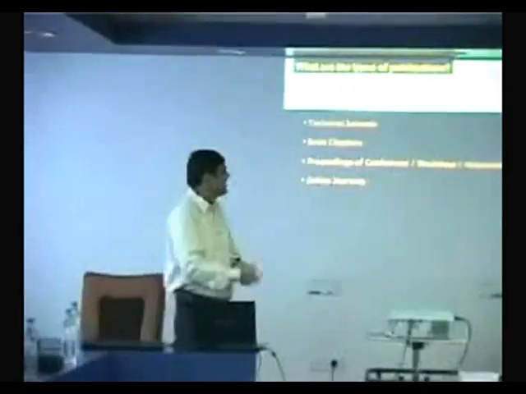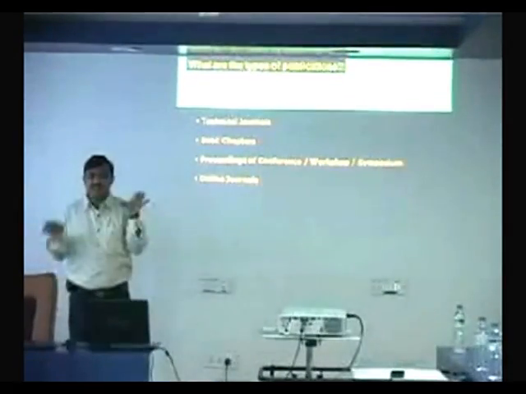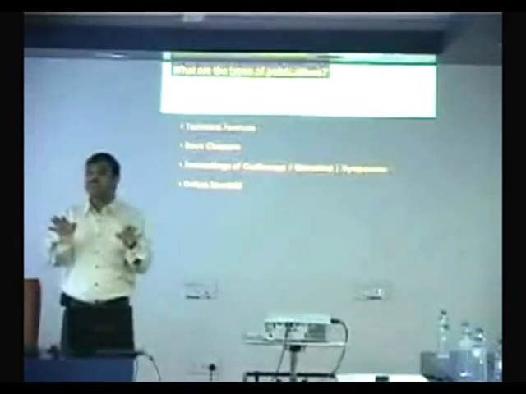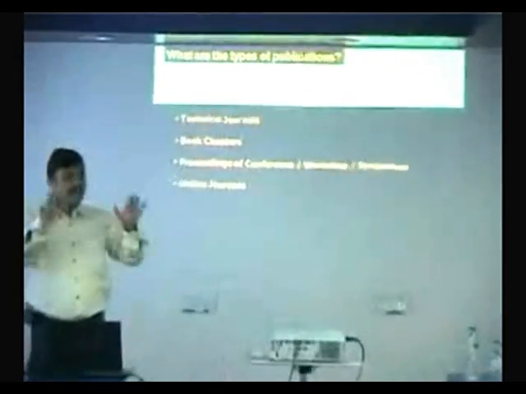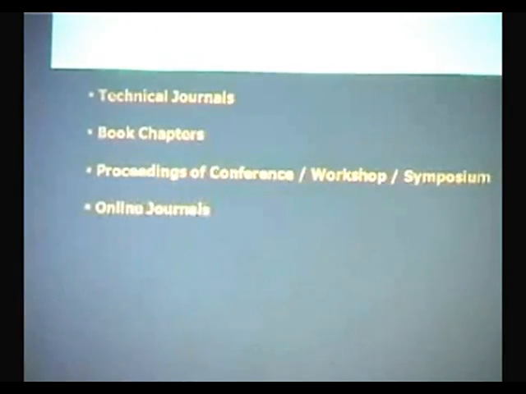Generally, when you publish papers, the worth of publishing, or the value attached to the publication, is also very important, which I thought I should mention. Technical journals. Publishing in technical journals is supposed to be the highest value, and within the journals there are A, B, C class journals.